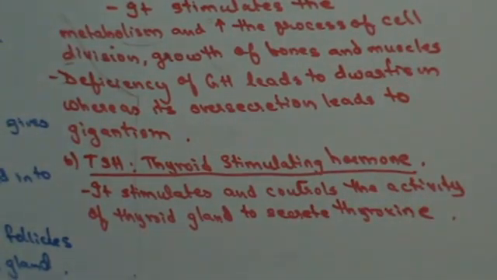Right? The TSH also stimulates the thyroid follicular cells to secrete thyroglobulin. That's both the T3 and the T4 hormones.